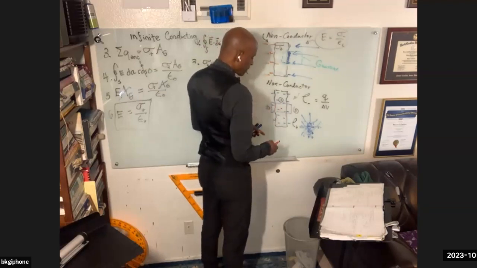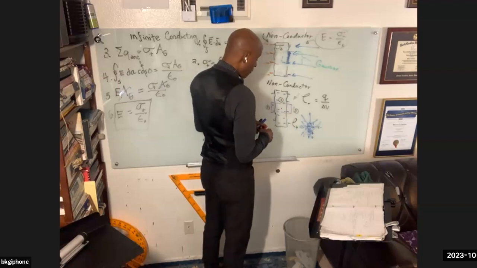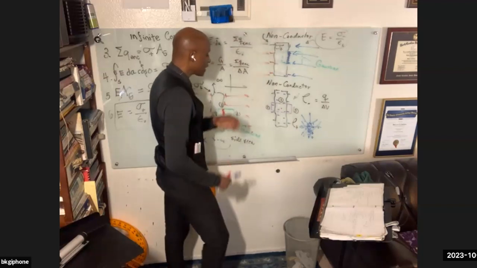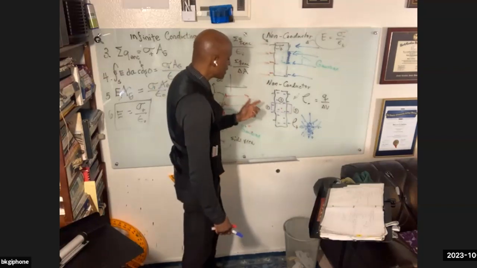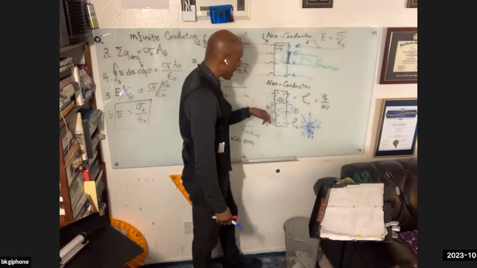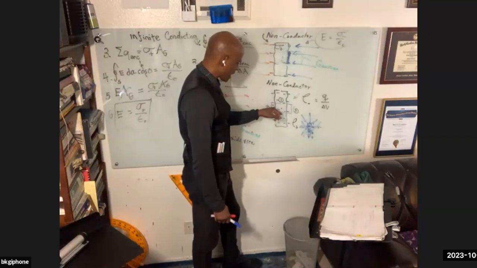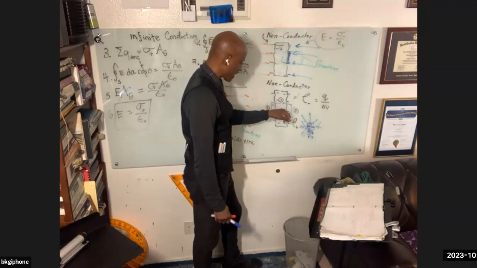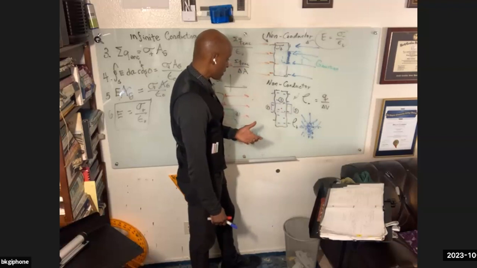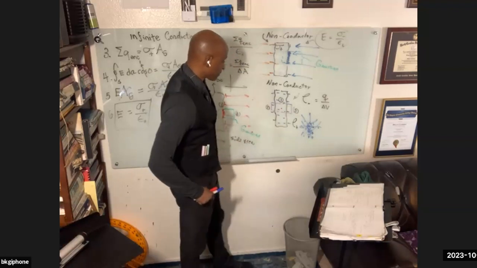So it's not like outside the field is constant, but inside it won't be constant. It's constant on the surface, and it decreases to 0 in the middle, then increases back up to this value that we're going to figure out on the surface.